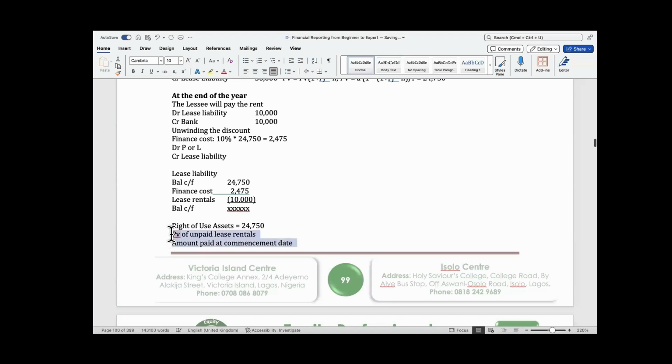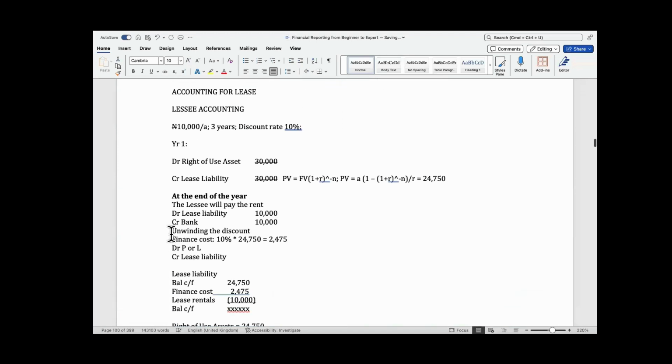And the reason is that for the asset, we believe that the value of the asset is the amount you are paying over the period. The lease liability is how much you are owing over the period. So whenever you have a scenario whereby what you are owing is now lower, or where you have paid some amount at the commencement date, we have an issue with the right of use.